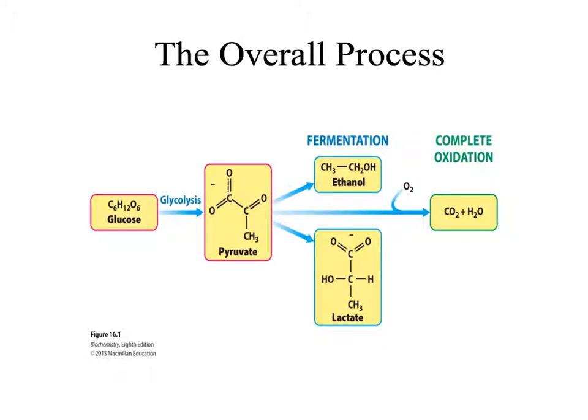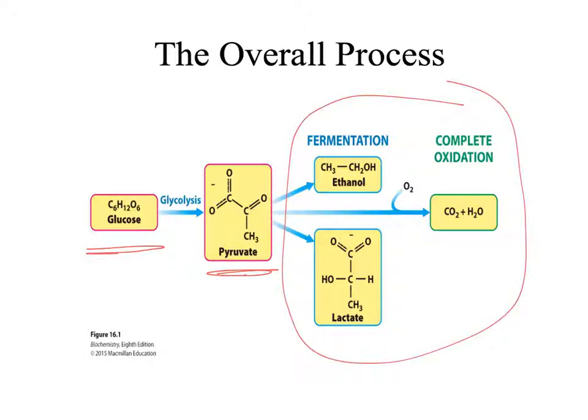So here we're looking at this overall process of taking glucose and converting it to pyruvate, and then that pyruvate has one of three fates that we're going to go through. Fermentation, and it can be alcohol fermentation or lactic acid fermentation, and those again are under anaerobic conditions. And then under aerobic conditions, we're ultimately trying to oxidize this fuel down to carbon dioxide.